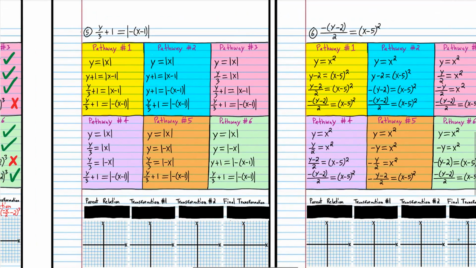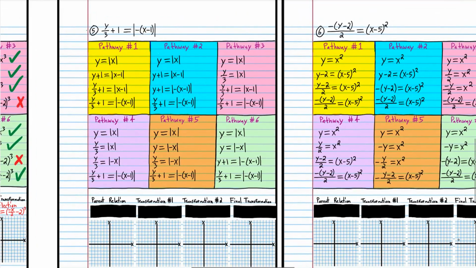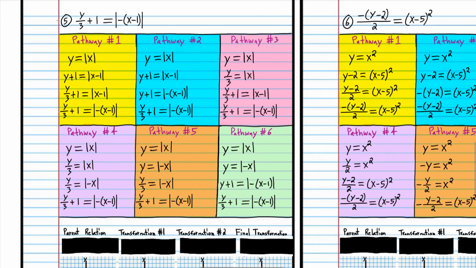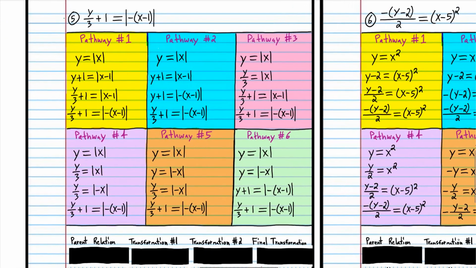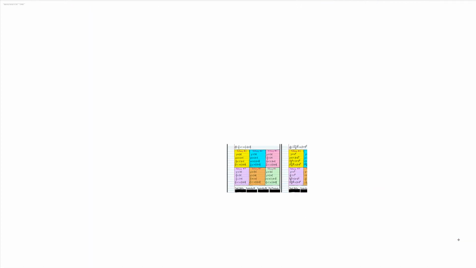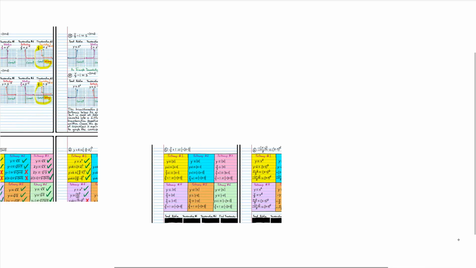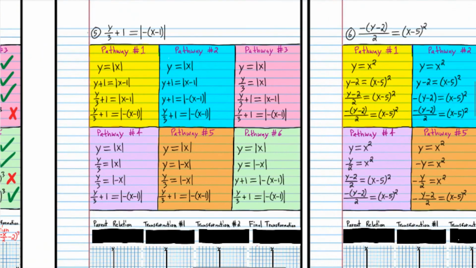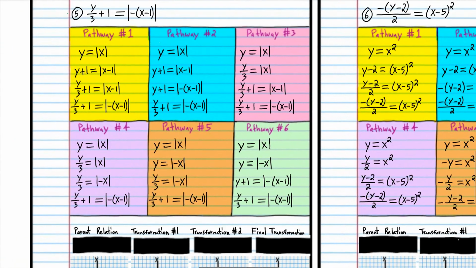Notice that I've blocked out the answers there because you're going to choose which pathway to use for number 5. So go ahead and attempt number 5. You don't need to have different colors. You can just use checks or crosses to show which steps can be used with the transformation properties.